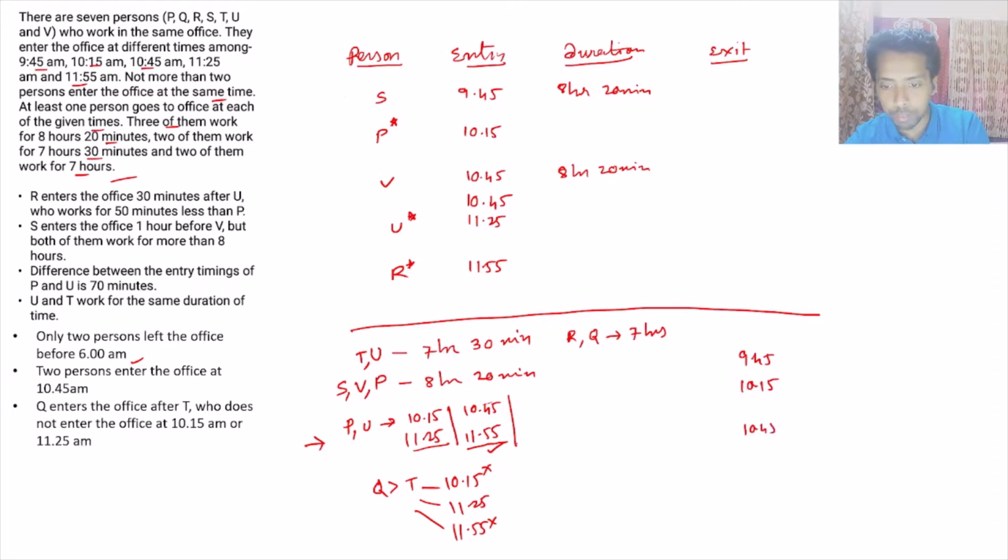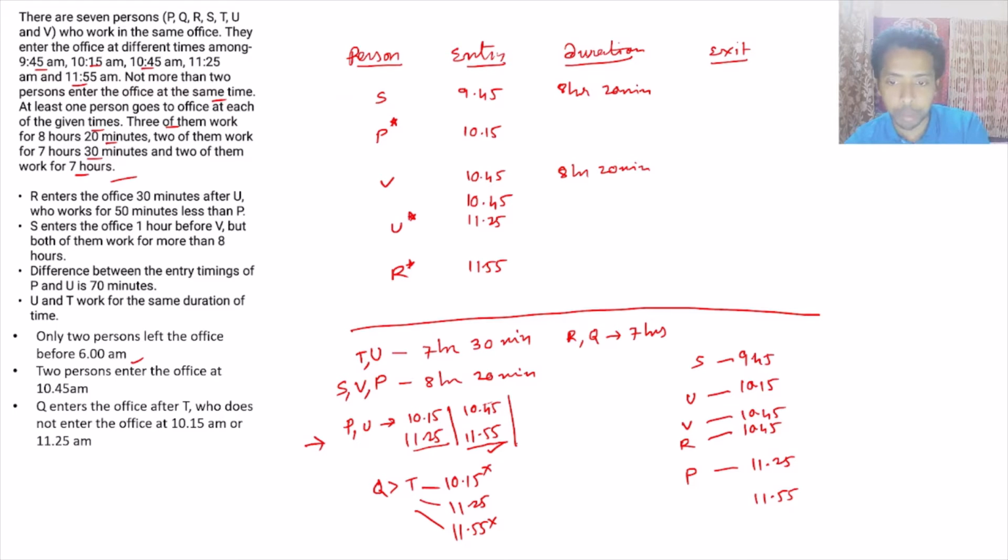This is 10:45, right? This is 11:25, this is 11:55. This is for S, this is for U if I take. So P is 11:25, R is here, V is already here, right?